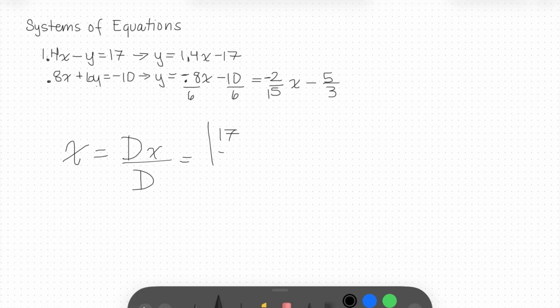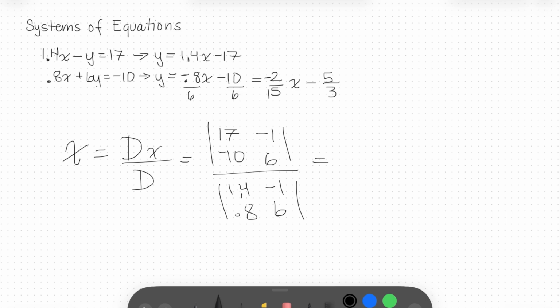Solving for x, I'd put a 17 and a negative 10, and then I'd use the y coefficients, and this denominator is just going to be the coefficient matrix, 1.4, negative 1, 0.8, and 6. And then I'd do those 2 determinants.